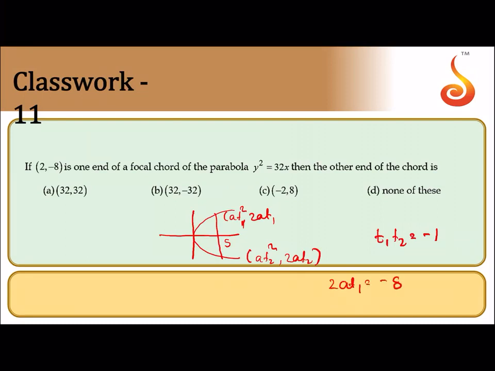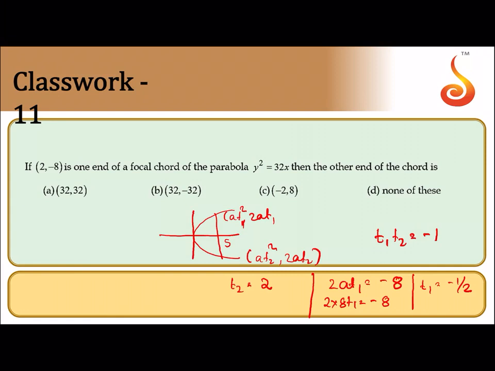So you have to compare with this one. So 2A T1 is equal to minus 8 given. So what is A value? A value is nothing but 8, 4 8s are 32. 8 is given. So 2 into 8 into T1 is equal to minus 8. So you got T1 is equal to minus 1 by 2. So this implies T2 is equal to 2.